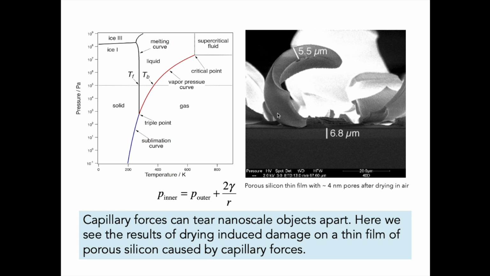If you've ever wondered how people get SEM images of flies and things like this, they have to take advantage of this supercritical drying technique in order to do that, so that very small objects like the hairs on a flea's head don't get damaged by drying effects.